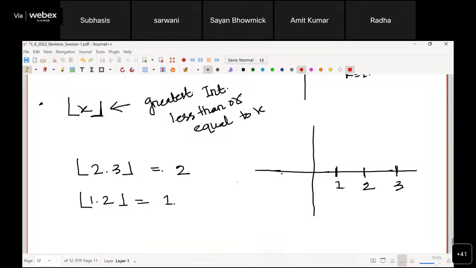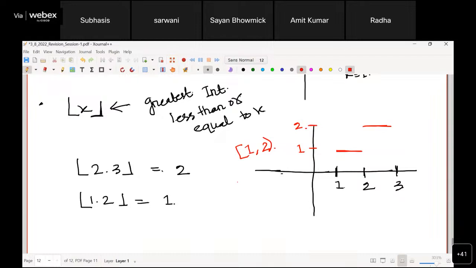So in this interval, the value of the function is precisely 1. Similarly, you can check that in the interval 2 to 3, the value of the function is 2.